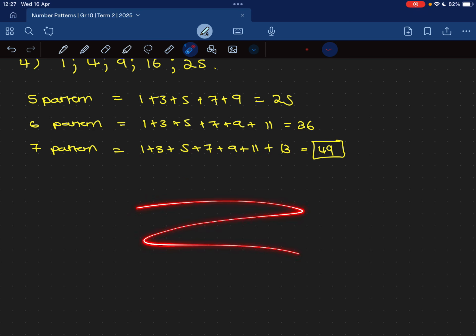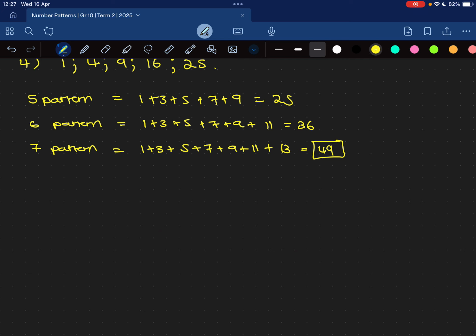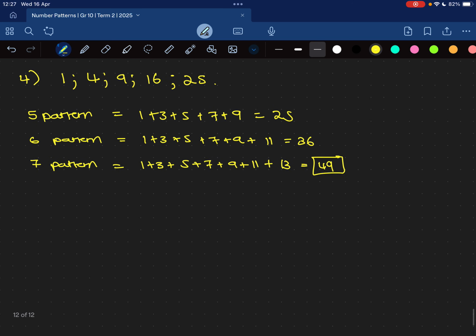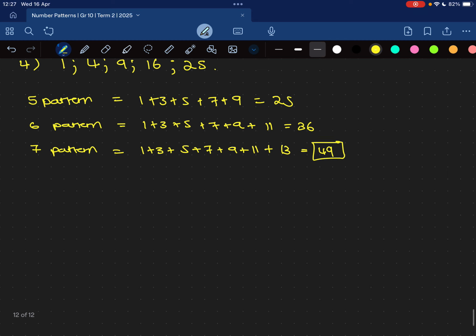That's just going to take us way too long. So again, we need to figure out a Tn, or we need to figure out a rule. So I can repeat the pattern again, and I'll add what I found. I have 1, 4, 9, 16, 25, 36, 49.